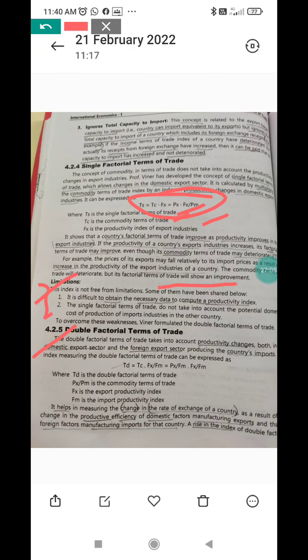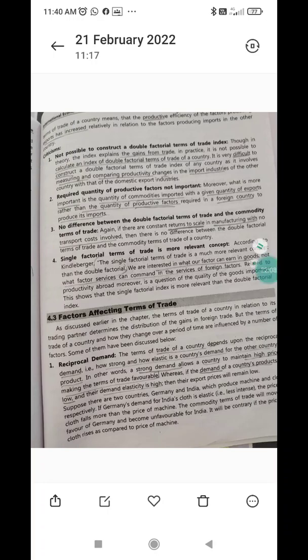अभी क्रिटिसिज्म यहाँ पे क्या बोलते हैं? Critics: not possible to construct a double factorial terms of trade index. Though in theory, the index explains the gains from trade, in practice, it is not possible to calculate an index of double factorial terms of trade of a country.